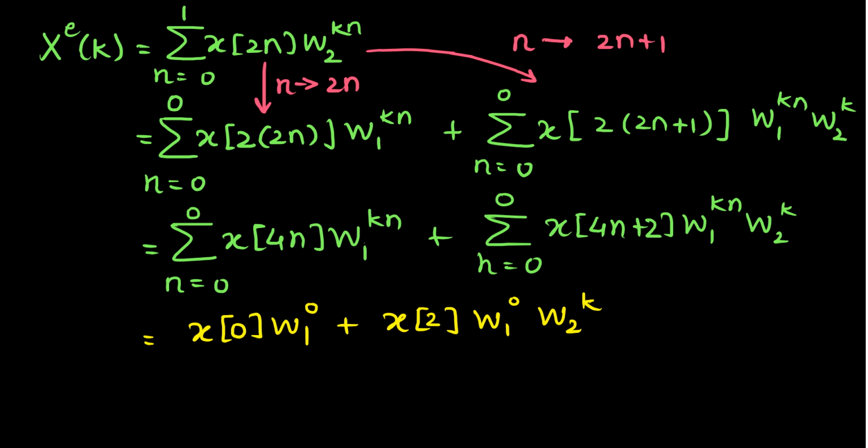When we do that, what we obtain is summation n running from 0 to 0. This 0 we obtain by considering 2 by 2 minus 1, since initially this was a 2 point DFT.